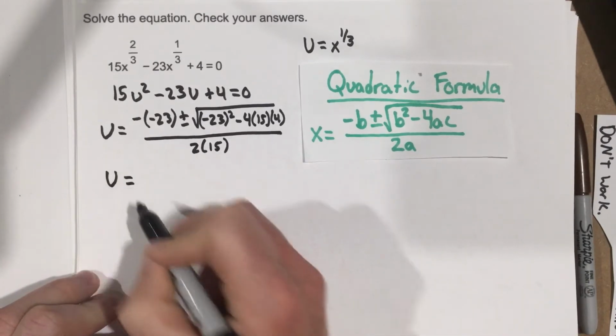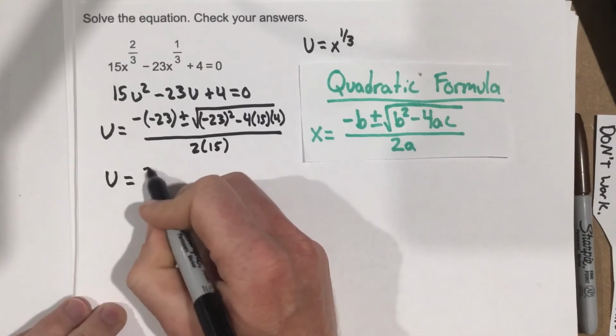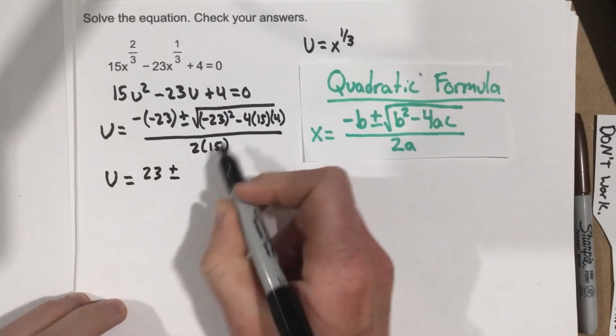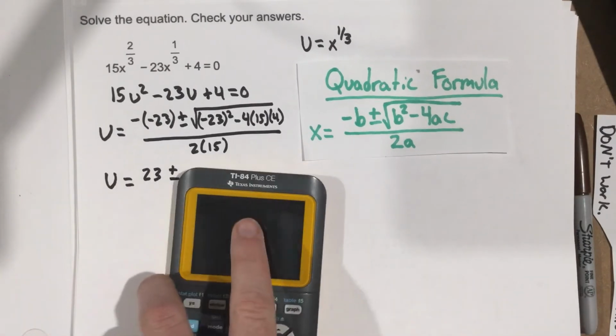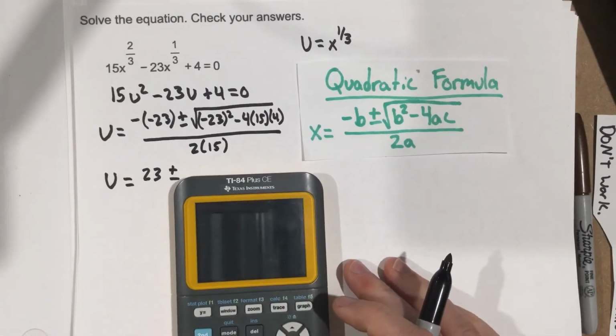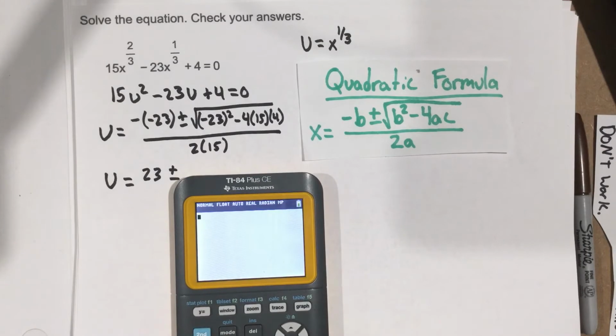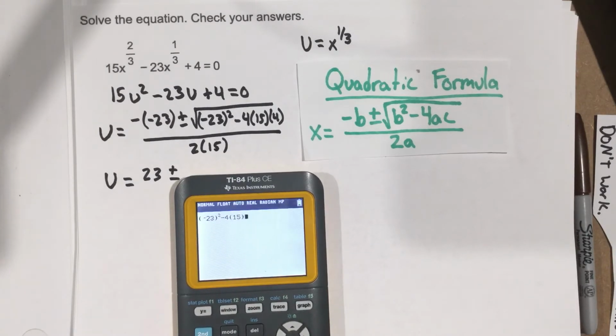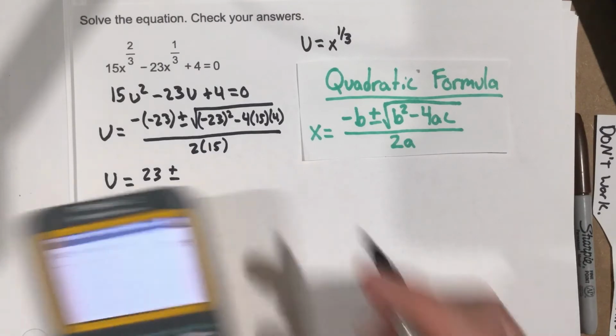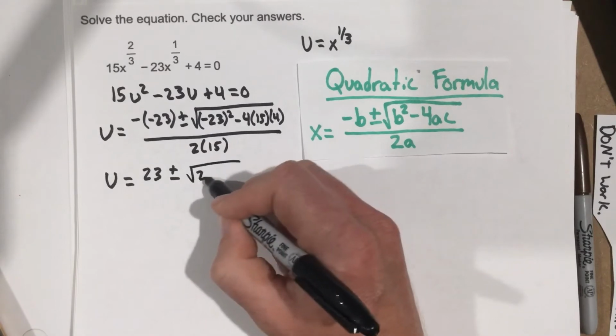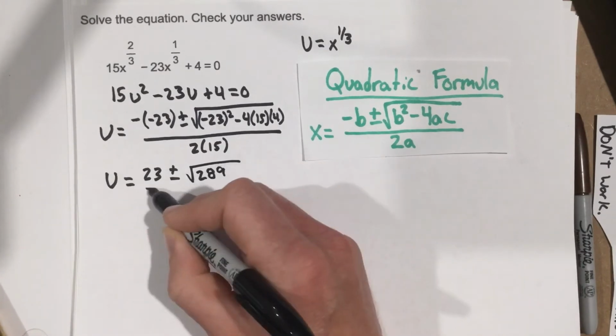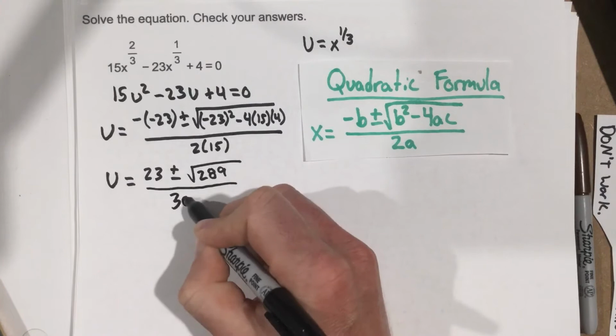So u is going to equal 23 plus and minus. Now I'm going to plug all that in the calculator. So negative 23 squared minus 4, 15, 4. 289, so I get root 289 here, all over 30.